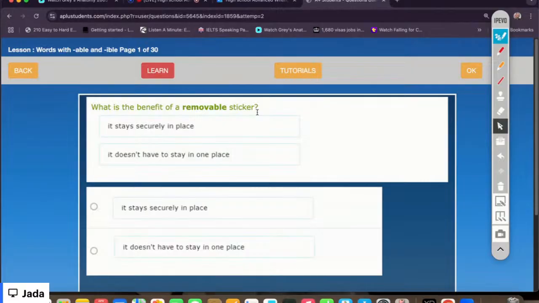All right, so we have: what is the benefit of a removable sticker? It stays securely in place, or it doesn't have to stay in one place, which is the right answer here.